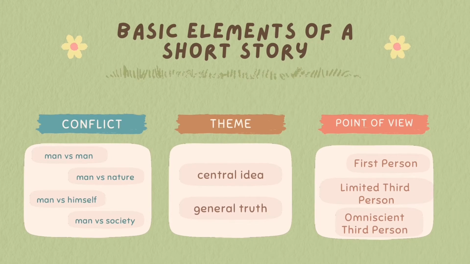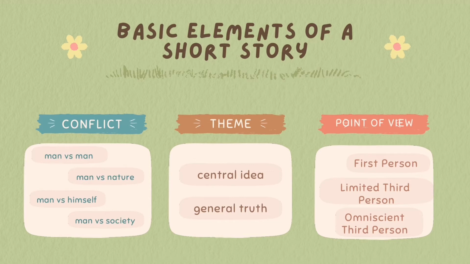Fourth, we have conflict: man versus man, man versus nature, man versus himself, and man versus society. Fifth, theme, where we have the central idea or general truth. And point of view. The last one, we have first person, limited third person, and omniscient third person.